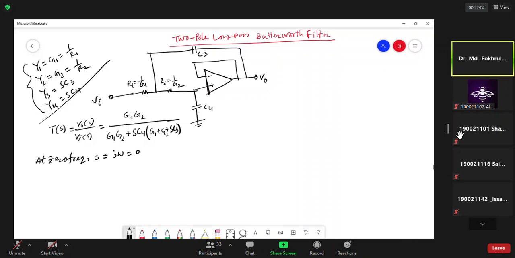So the magnitude will be what? 1, sir. 1. Because this term will be 0, so G1 G2 divided by G1 G2. And then if you consider high frequency, S equals j omega equals infinity, what will happen?